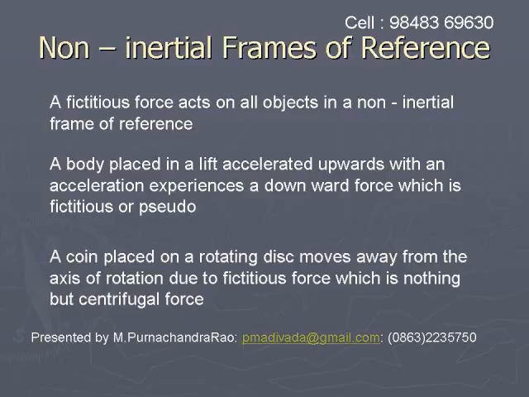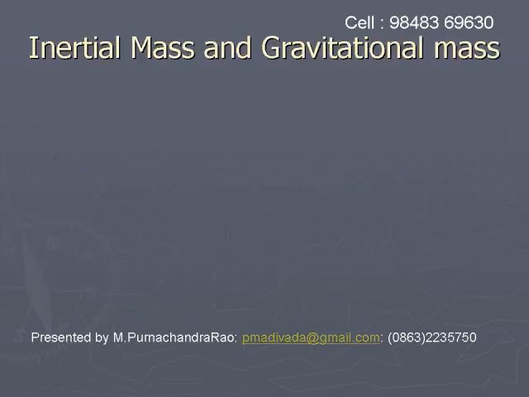A coin placed on a rotating disc moves away from the axis of rotation due to a fictitious force, which is nothing but the centrifugal force. So bodies situated in non-inertial frames of reference experience pseudo forces.